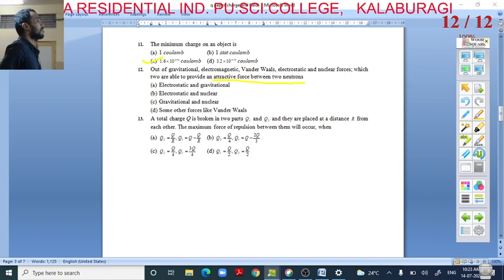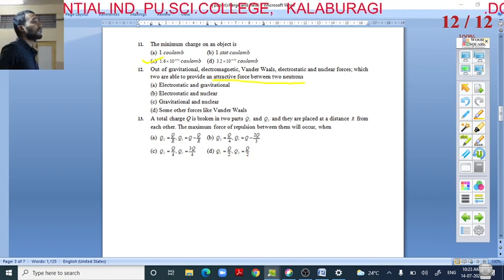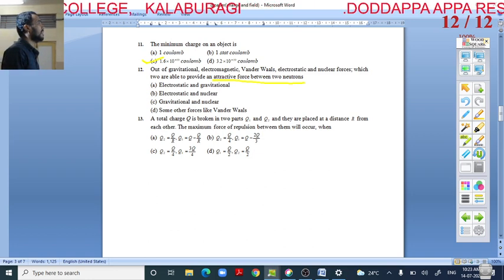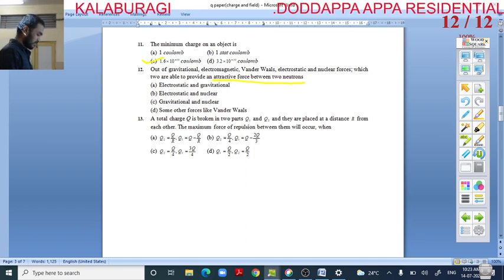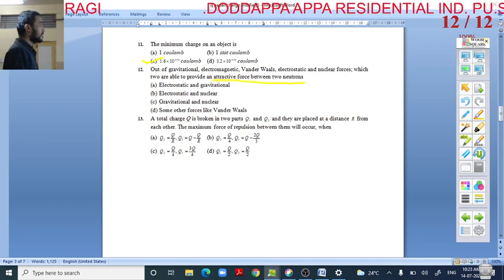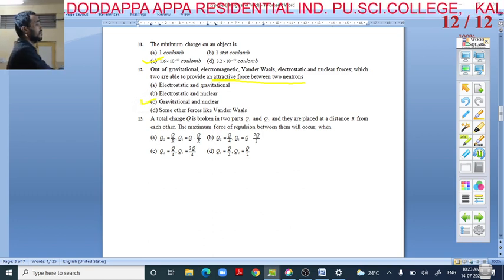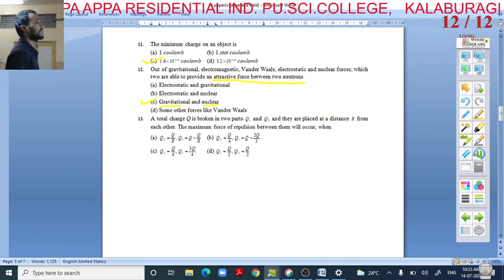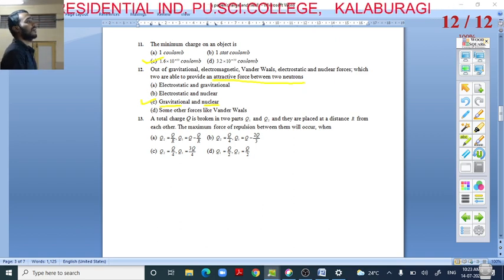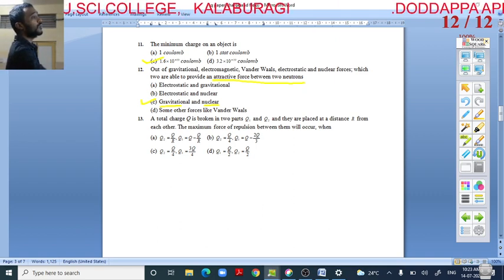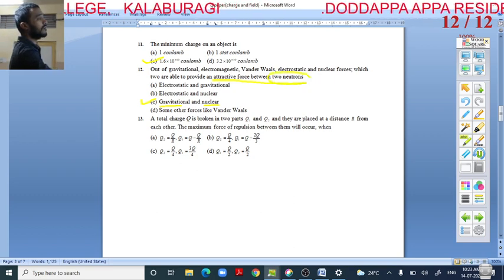If we remember which forces are able to provide an attractive force, then we can answer this. So your option is gravitational and nuclear force can provide the attractive force between the two neutrons. That is very important here.